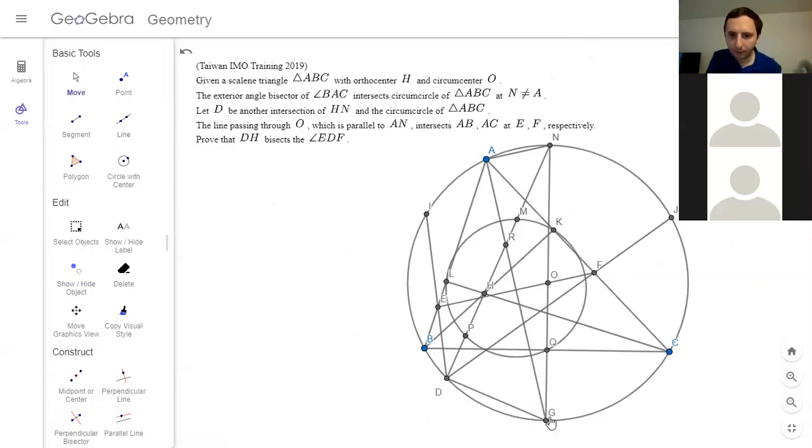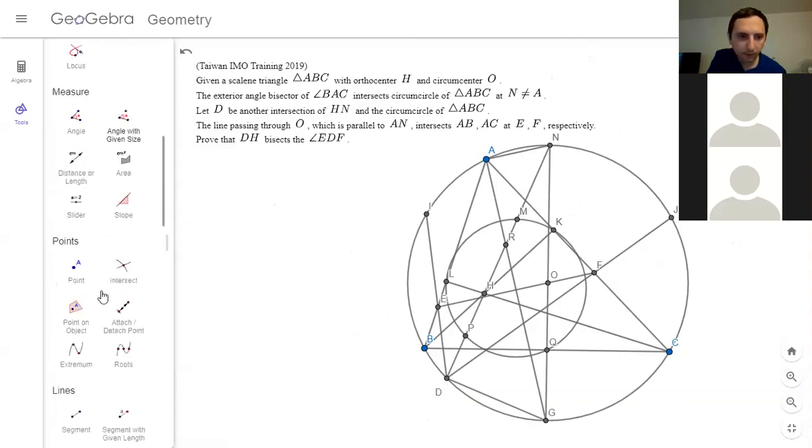But it turns out G would also lie on that circle. So can we show DEFG is cyclic? Is that obvious? Let's see.